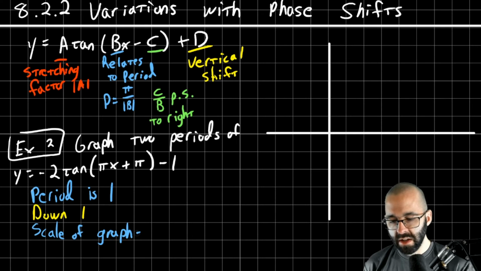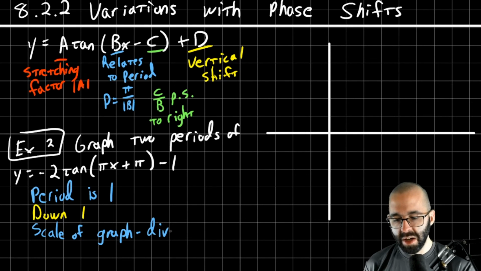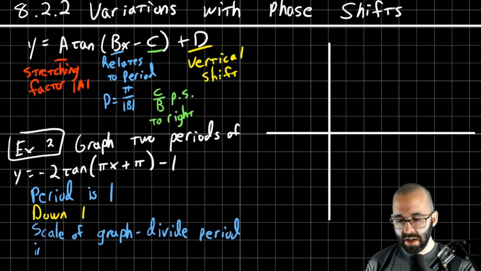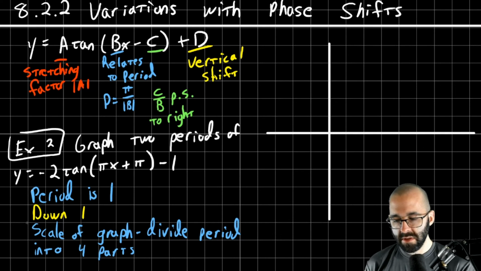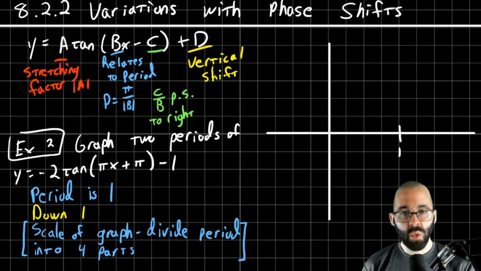So usually it's helpful to divide the period into 4 parts. This is a really good kind of tip for deciding your scale of your graph here. So if our period is 1, let's have 1 be 4 boxes.